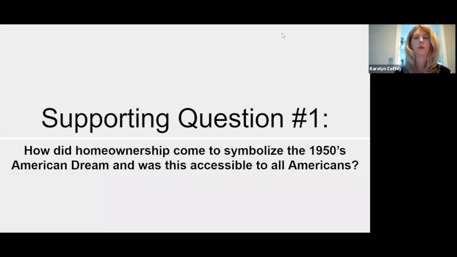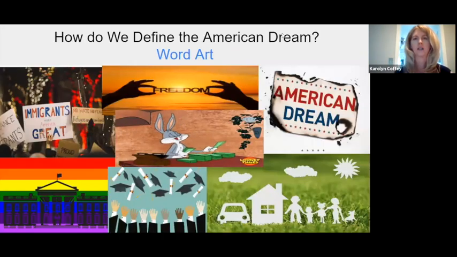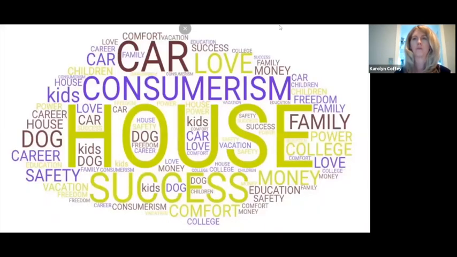And so I would start this lesson, again, just creating that classroom definition of the American dream. Often when I've done this, you can use something like word art. You come up with these key words or key concepts. And students often will say that big house is something that symbolizes the American dream.